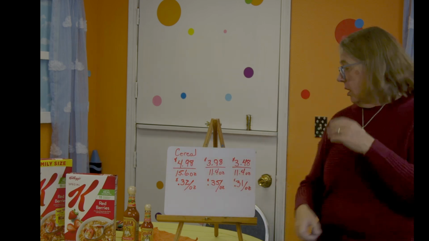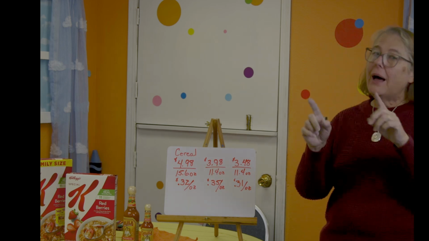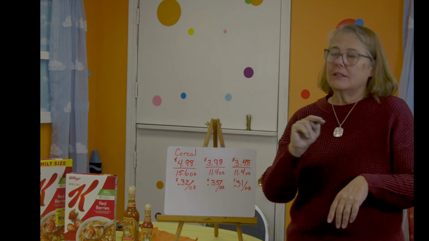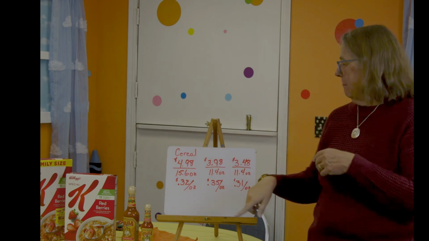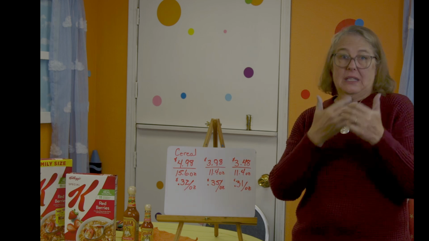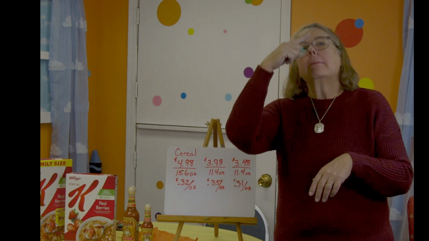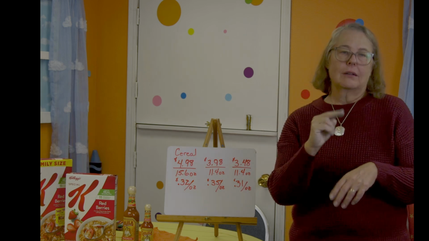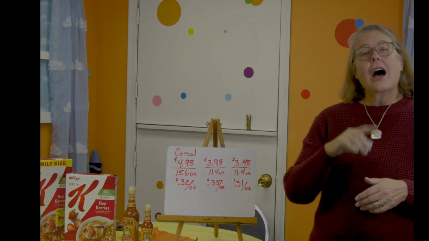The small box was 35 cents for 1 ounce. But if I have a coupon, Fetch had a coupon, it was only 31 cents per ounce. So which one was the best buy? The small box, because we had a coupon. All right, good job.